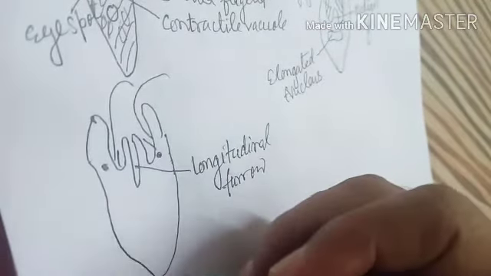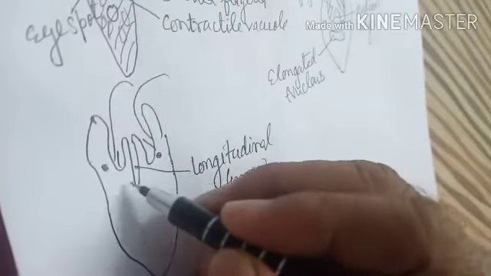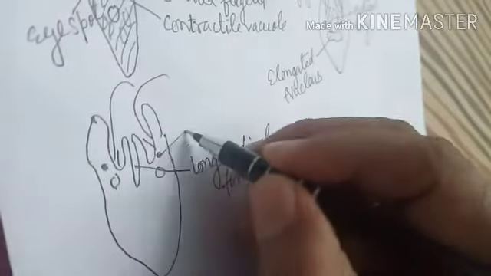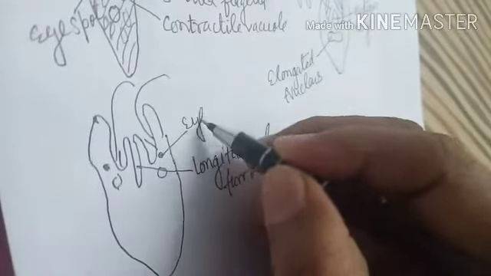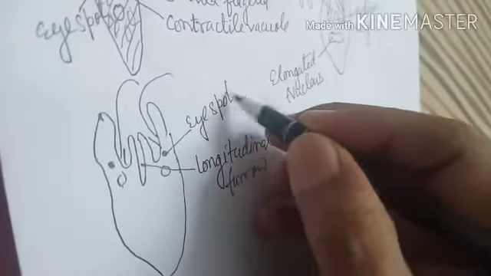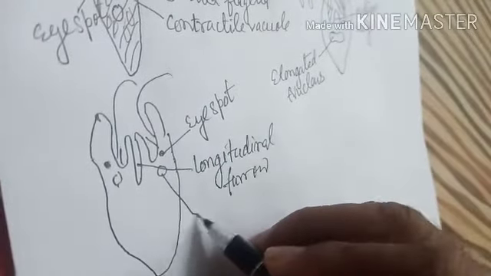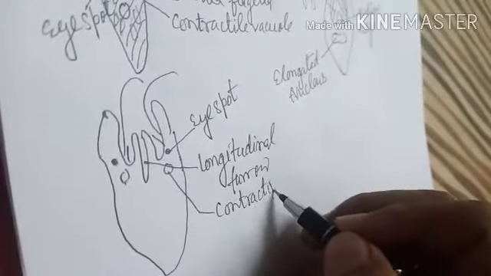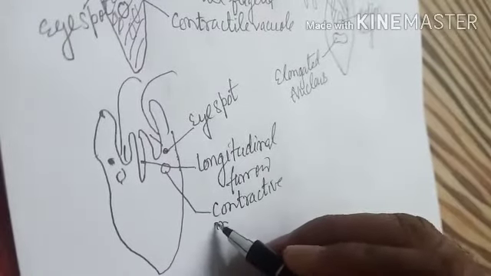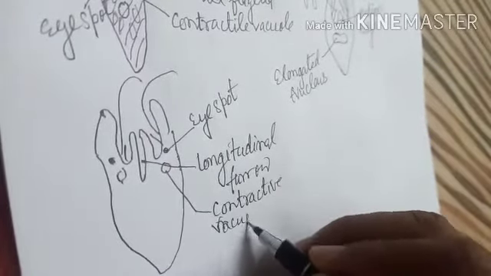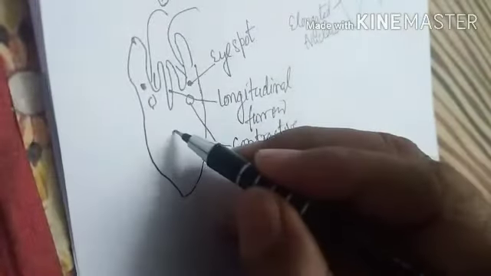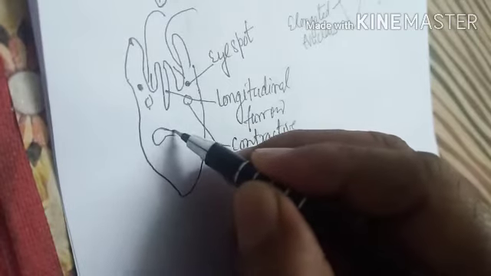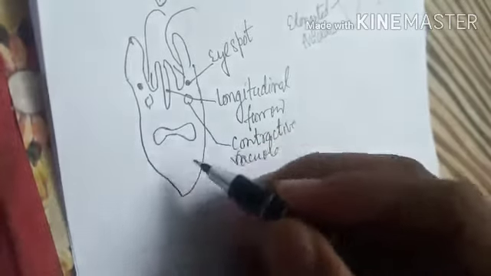Two eye spots develop. Two contractile vacuoles develop. This one is the eye spot. This one is the contractile vacuole. Here the nucleus again elongates and gets constricted in the middle.